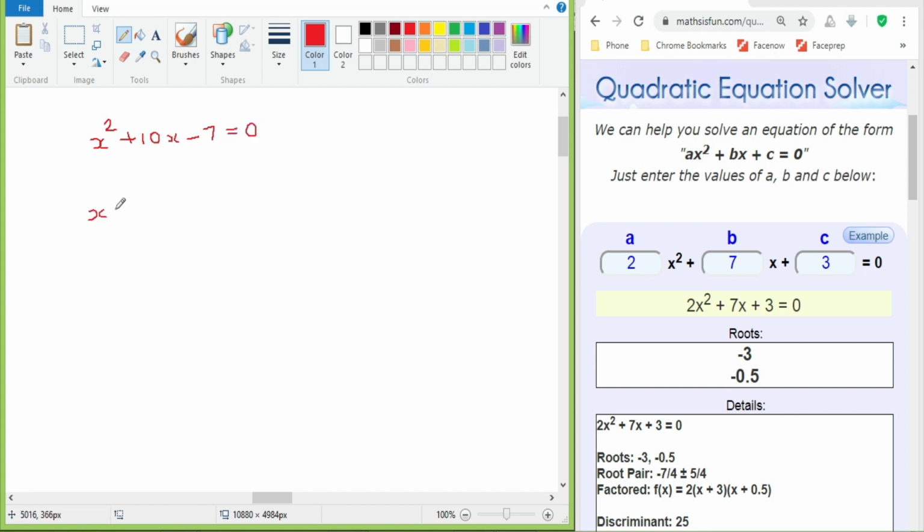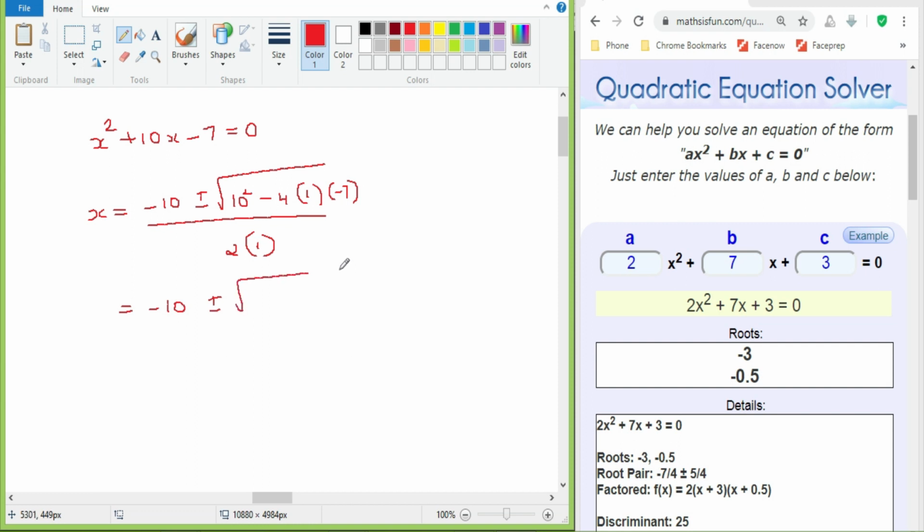And if I'm going to use the formula, that is nothing but x is equal to minus 10 plus or minus root of b square, that is 10 square minus 4 into 1 into minus 7, divided by 2 into 1, which gives minus 10 plus or minus root of 100 plus 28 divided by 2, which gives x is equal to minus 10 plus or minus root of 128 divided by 2.